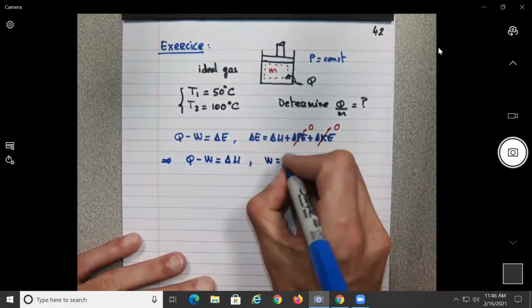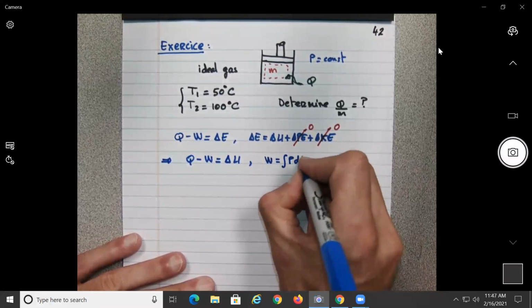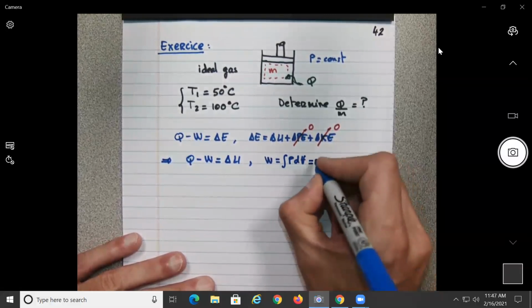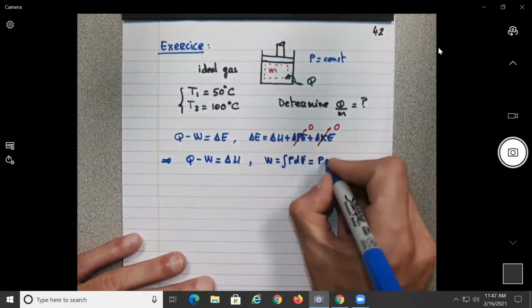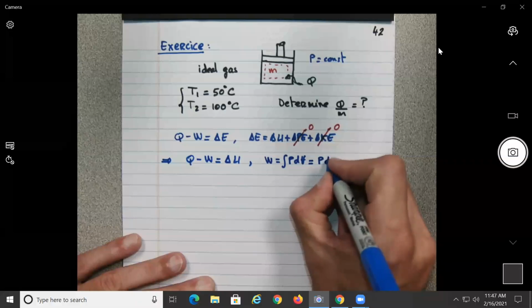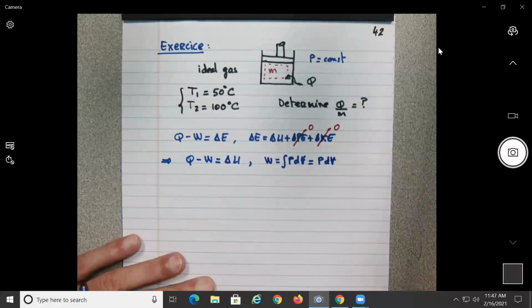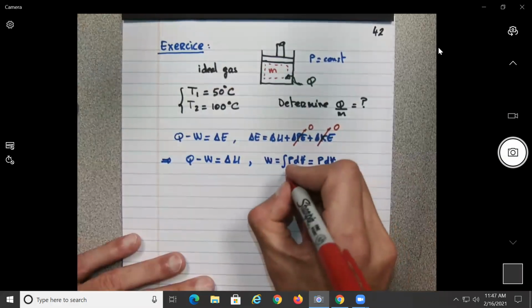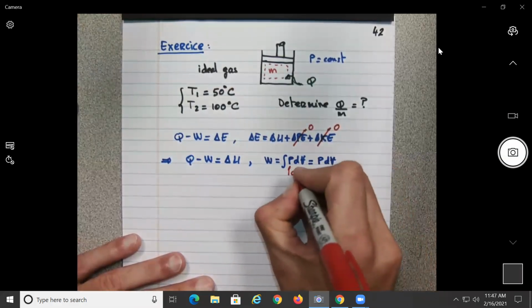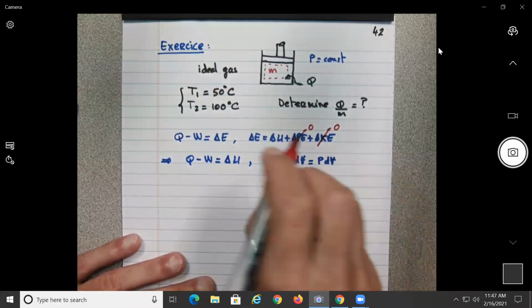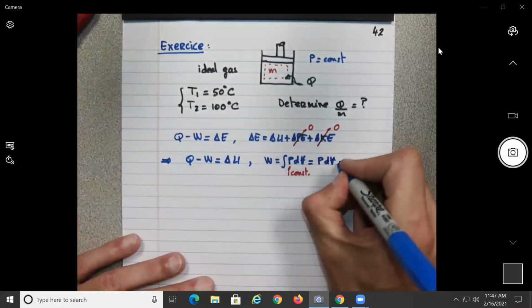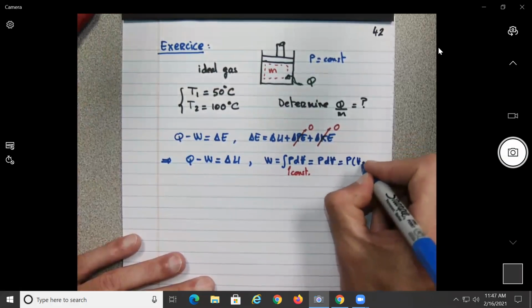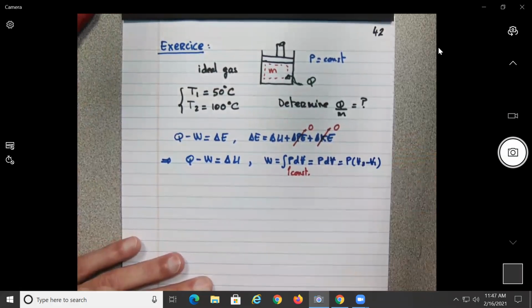We know by definition that work is P dV, which for constant pressure is P times the final minus initial volume. This is for constant pressure. This is P times V2 minus V1, it's the same.